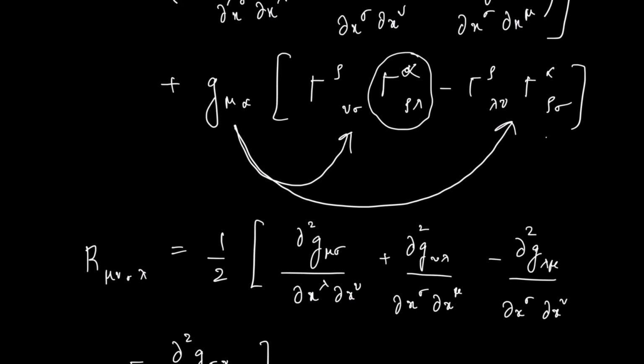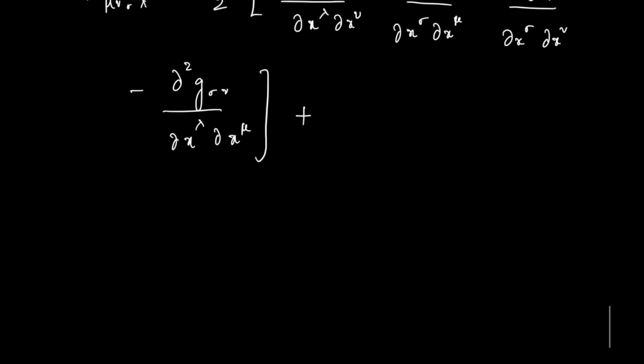So the final product will be Christoffel symbol, alpha and alpha will get summed over. So I'll get mu rho lambda. Similarly here also there is alpha. So alpha and alpha will get summed over. I'll get Christoffel symbol mu rho sigma. So plus rho nu sigma, rho mu lambda, rho lambda nu, rho mu sigma.